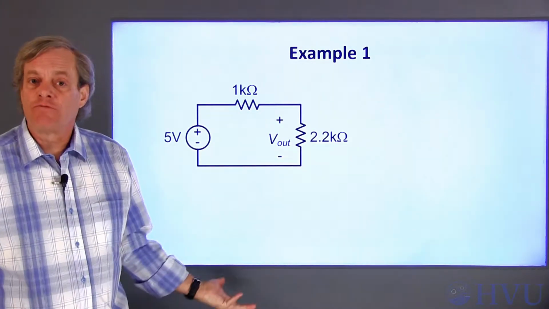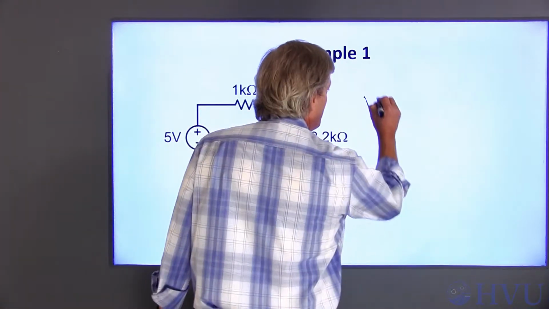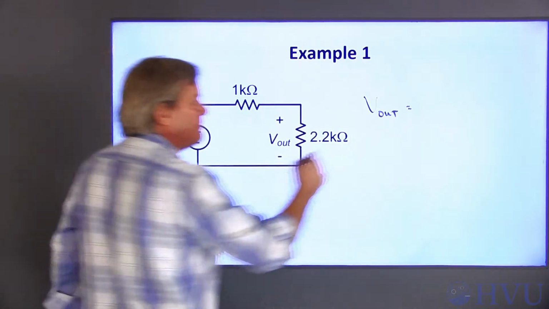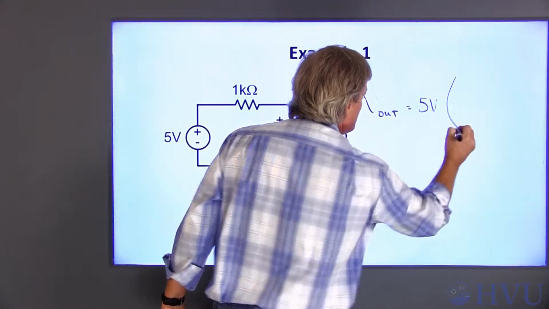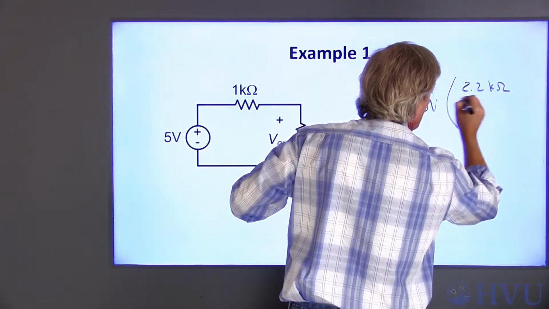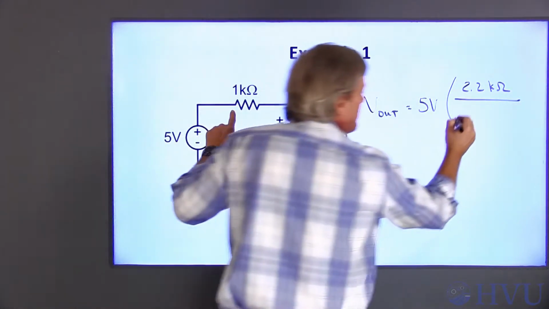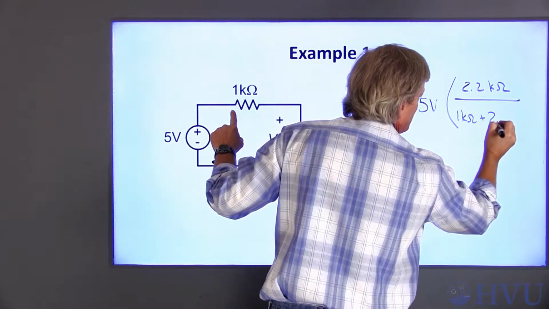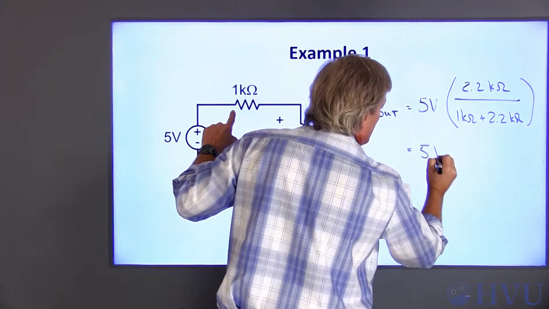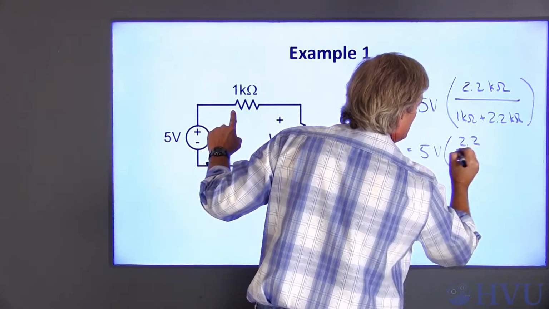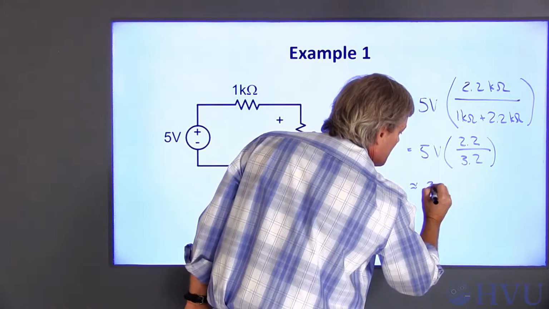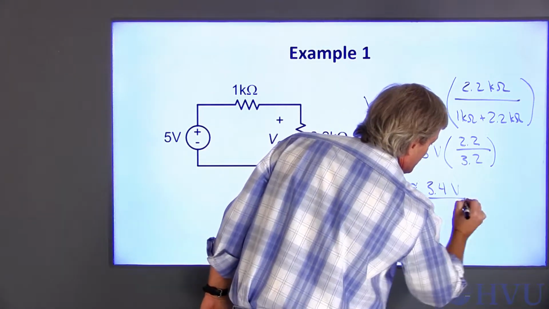Our voltage divider formula says that the measured voltage, Vout, will be the total voltage across the series combination, 5 volts, times this resistance, 2.2 kilo ohms, over the sum of the two resistances, 1 kilo ohm plus 2.2 kilo ohms. This turns out to be 5 volts times 2.2 over 3.2. Numerically, that turns out to be approximately 3.4 volts.